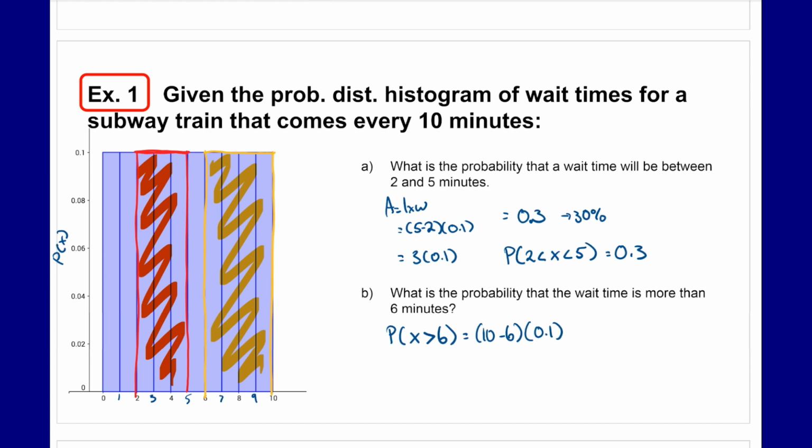So we get 4 times 0.1, or 0.4. Therefore, the probability of a waiting time more than 6 minutes is 0.4, 40%.